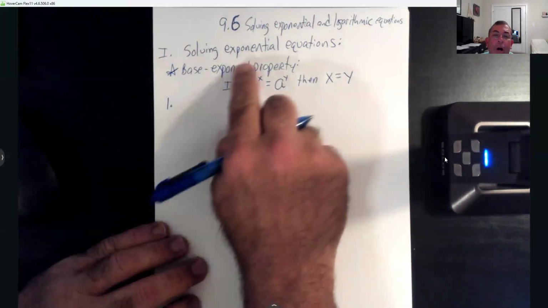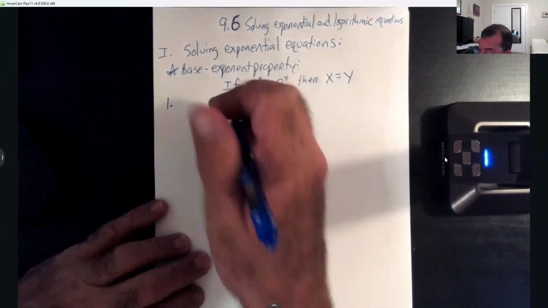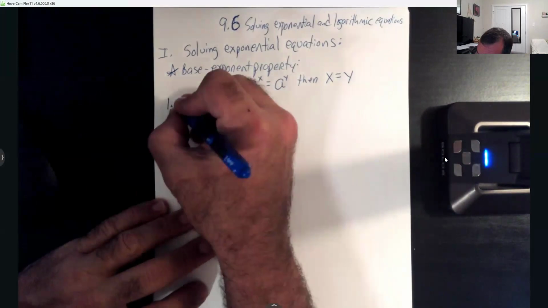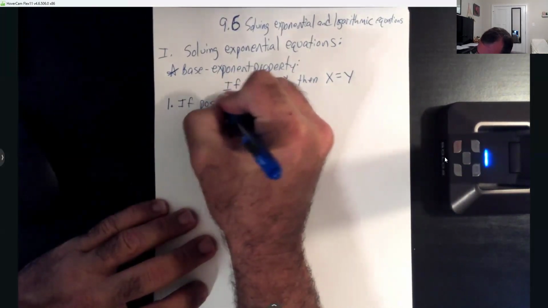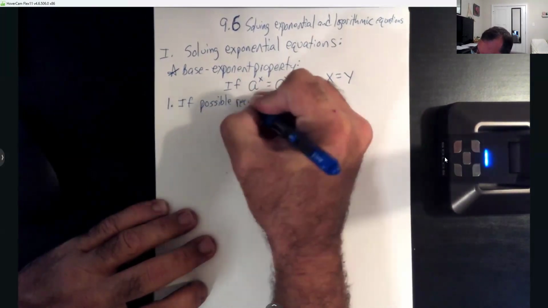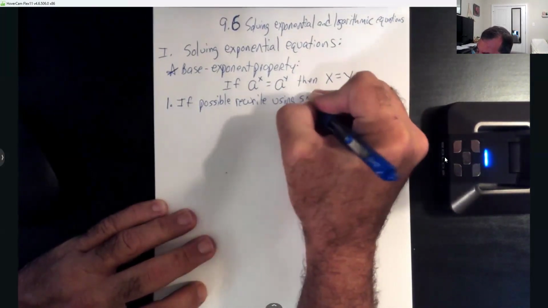All right, so to solve an exponential, my first thing is, can I rewrite it using the same base? So if possible, rewrite using same base.